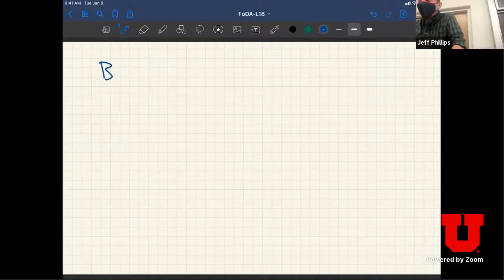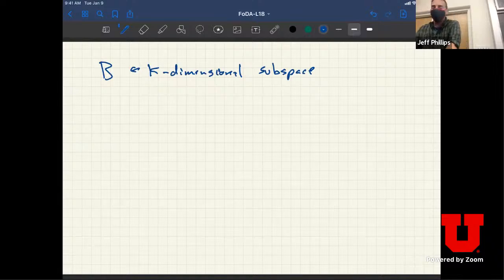Yeah. So okay, we're going to do this for a k-dimensional subspace. And I'm going to use B as just a symbol to represent this.